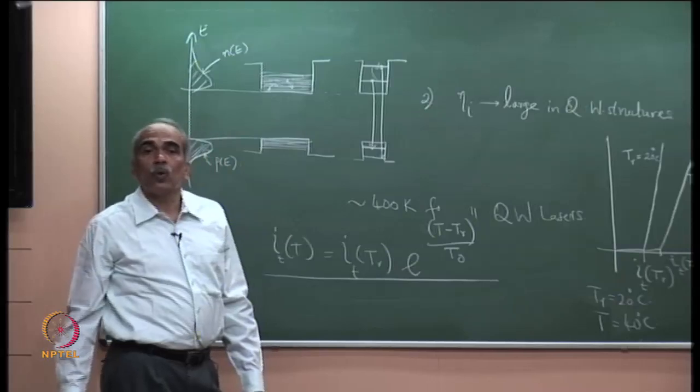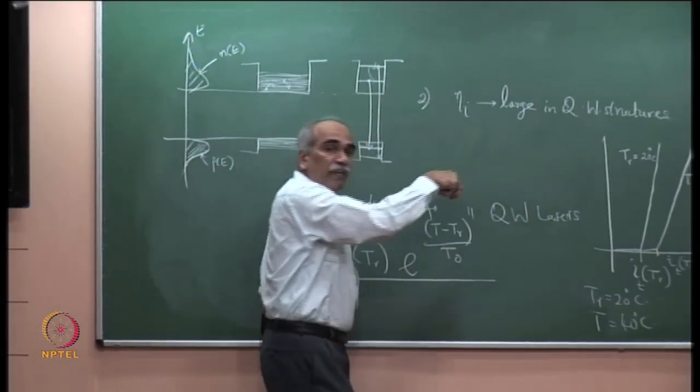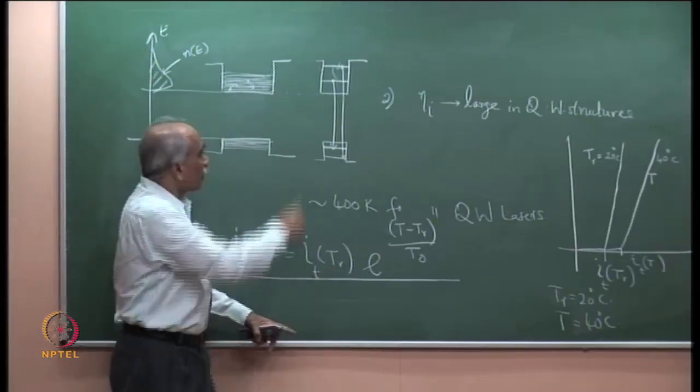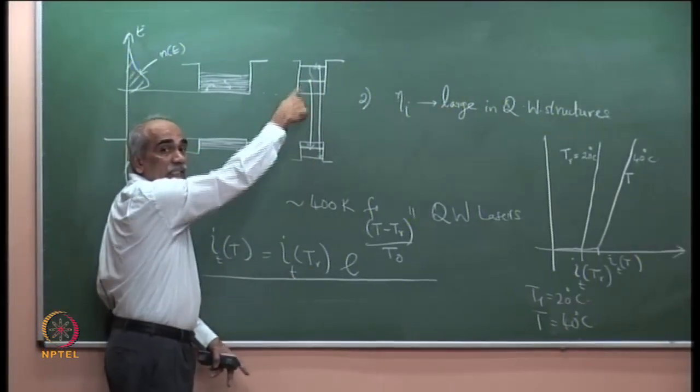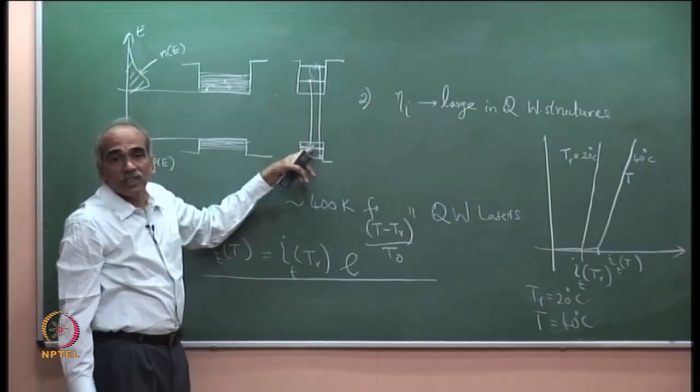Eta I is also less affected by temperature, again because these are quantum mechanically allowed transitions, discrete allowed transitions.